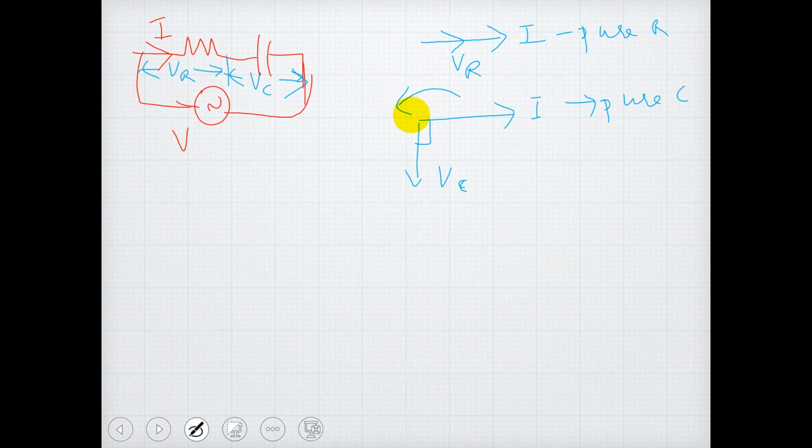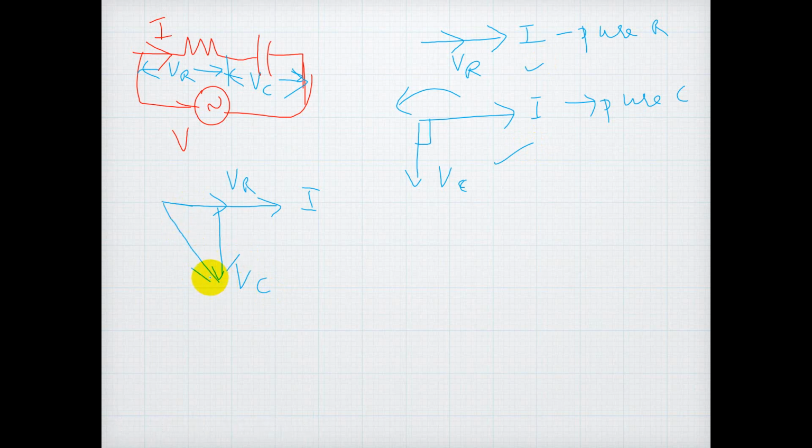So now combining these two, we need to draw the phasor diagram for a series RC circuit. So here I will take the current as a reference because I is the same for both resistance and capacitance. So VR is now in phase with I and VC is now lagging I by 90 degrees, correct?